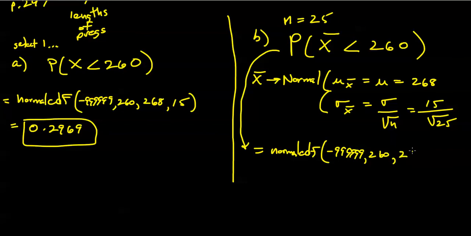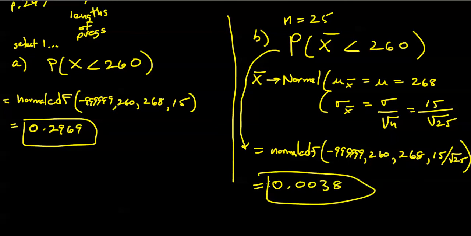The population mean is 268, and what changes here is the SD. Of course, 15 over the square root of 25 is 15 over 5. That's really 3, so you could have computed the SD by inspection. I plugged it into the calculator and I'll get 0.0038.